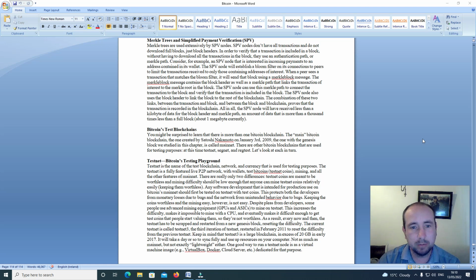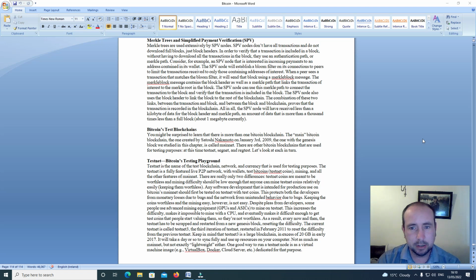Consider, for example, an SPV node that is interested in incoming payments to an address contained in its wallet. The SPV node will establish a Bloom filter on its connections to peers to limit the transactions received to only those containing addresses of interest.